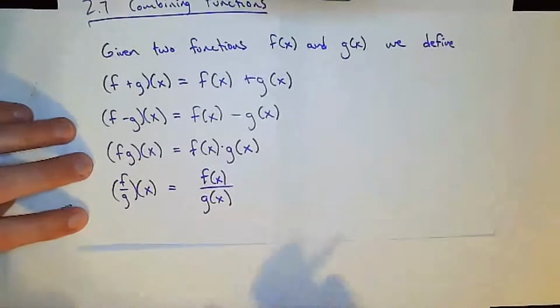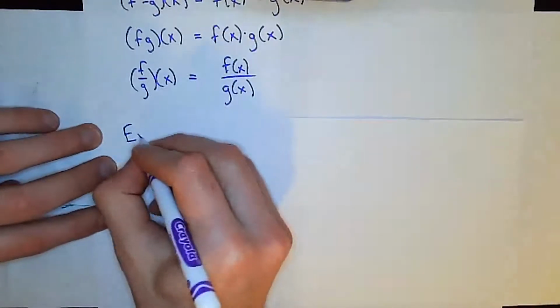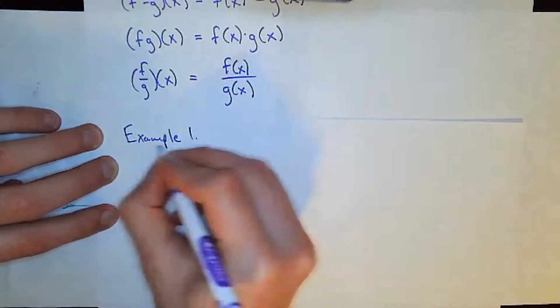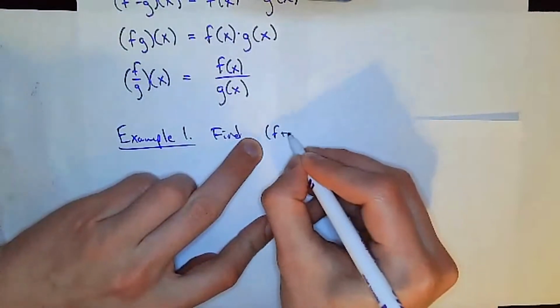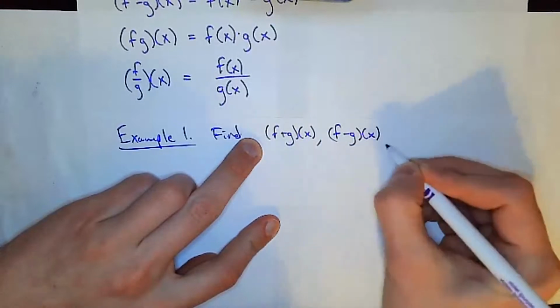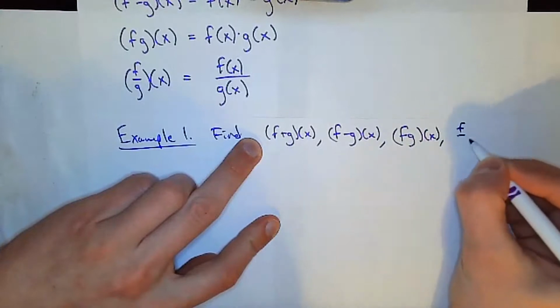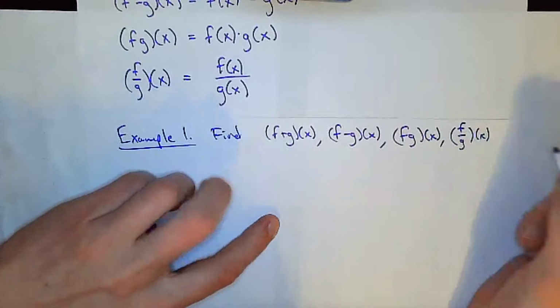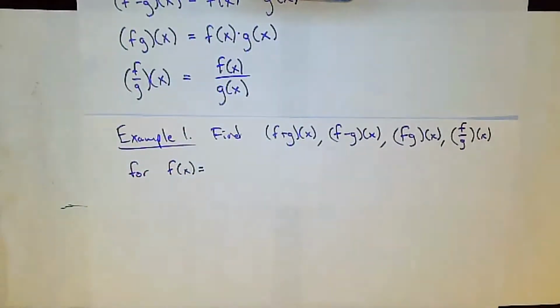Examples. I mean, do I really need to say anything else here other than just running some examples? There's not a lot going on here. So example 1. Find f plus g at x, f minus g at x, f times g at x, and f divided by g at x for, let's see, I don't want to pick exactly the same one I gave.